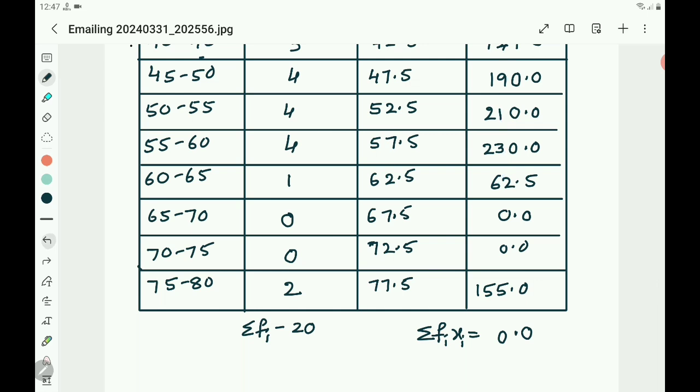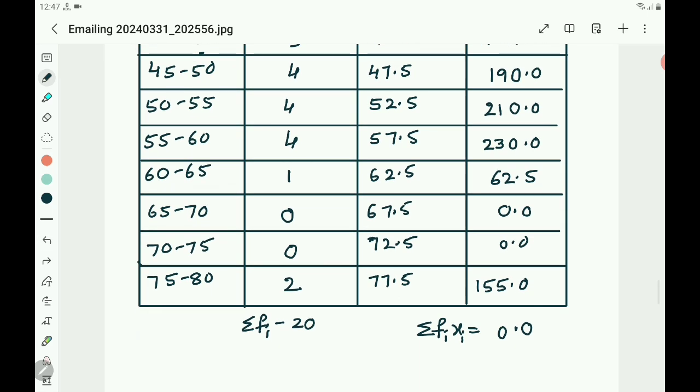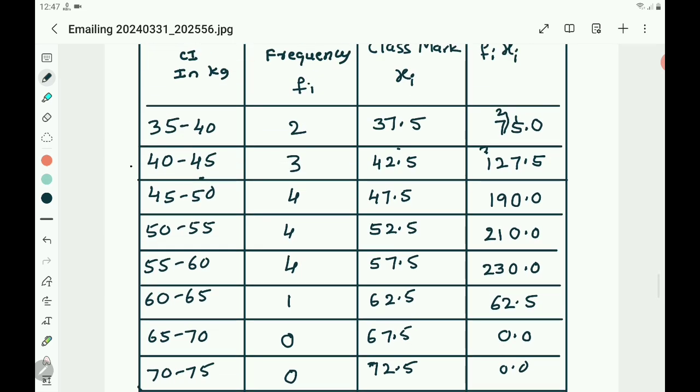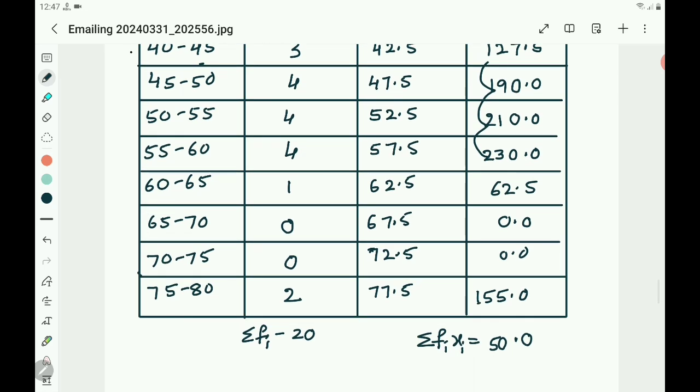You write 35. 3 carry. 3 plus 1, 4. 4 plus 1, 5. 5 plus 2, 7. 7 plus 2, 9. 9 plus 1, 10. So you got 1050.